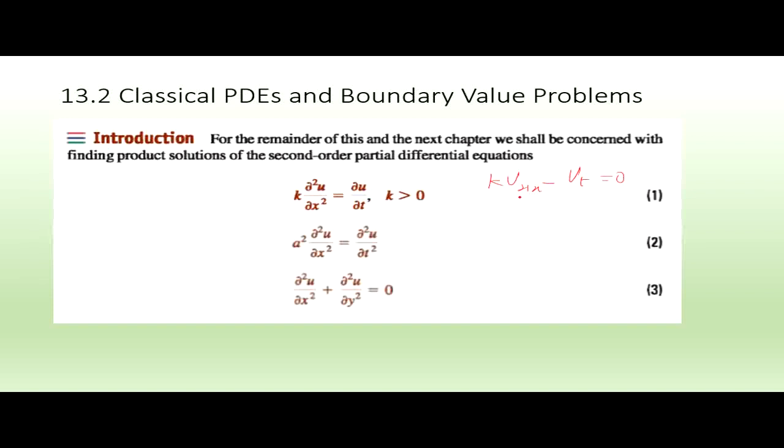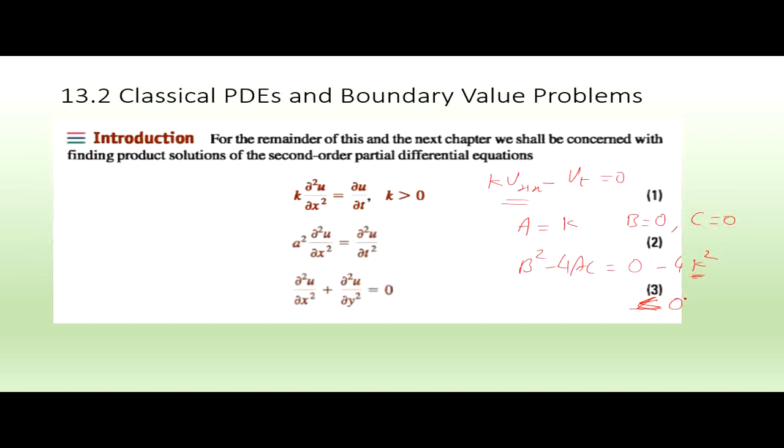So the second derivative appears only in x, so the coefficient of u double x is k, and b there is no second derivative, and c is also 0. So b square minus 4ac is defined. a is k and b is 0, minus 4 times k square. Since k square is a square term, it will not be negative, so the answer will be negative. Negative is less than 0.